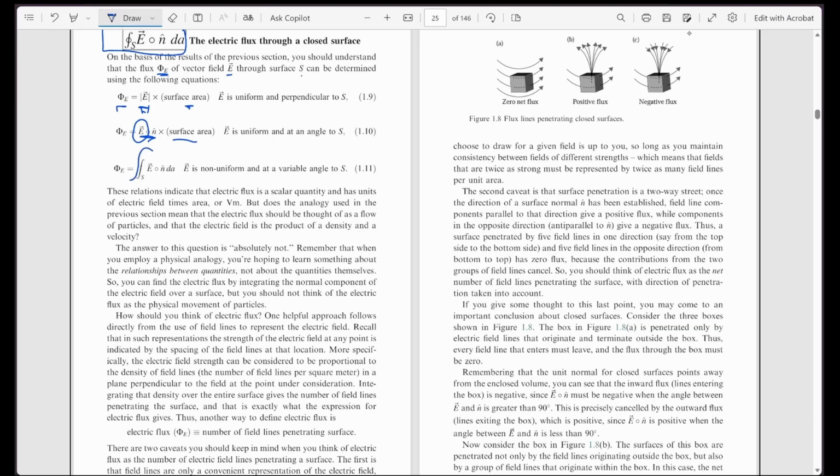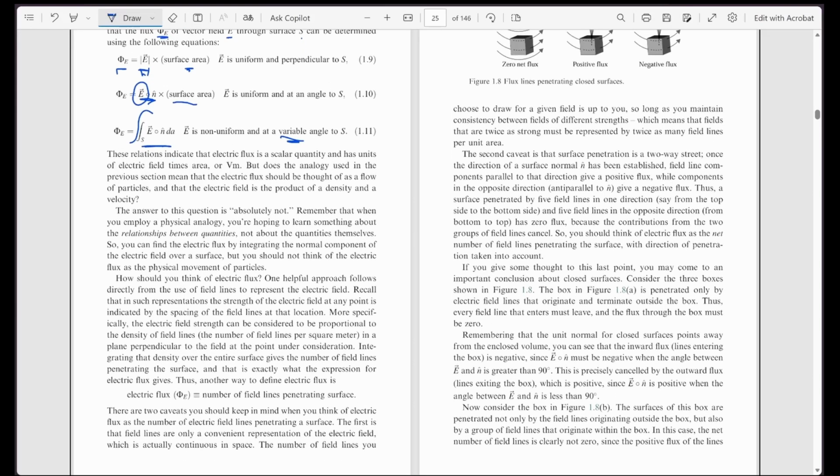So as we said a few minutes ago, we're going to divide it into very small segments and then sum them. And when we make them very small and n tends to infinity, it just turns into an integration. Also, the angles change, so that's why we resorted to integration. These relations indicate that electric flux is a scalar quantity and has units of electric field times area, or V·m.